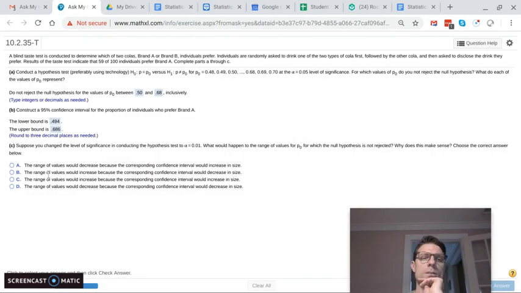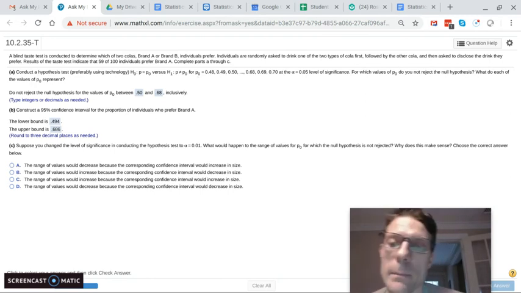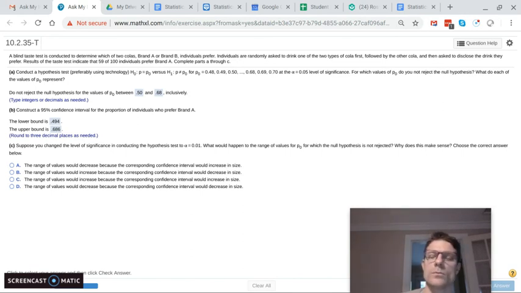So what would it do to the range of values for the point estimate in the first part? More point estimates would not make us reject the null hypothesis. So the range of values would increase because the corresponding confidence interval would increase in size.